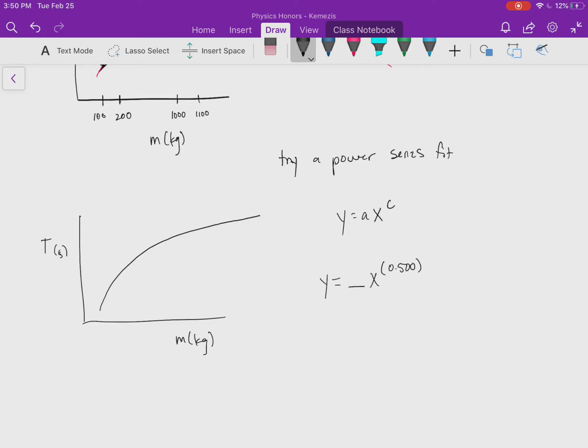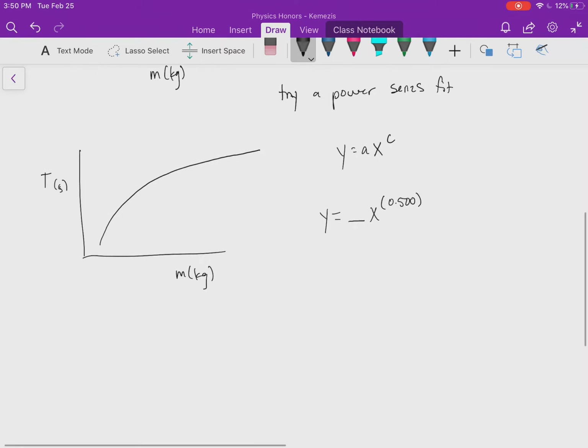If we're trying to find a relationship, take into account your uncertainty and errors in your lab. A 0.49 and a 0.48 could be thought of as a 0.5 with an error. And now if you get something that's like 0.2, that is too far away to say error has gotten us there, so then we would have to try something else.